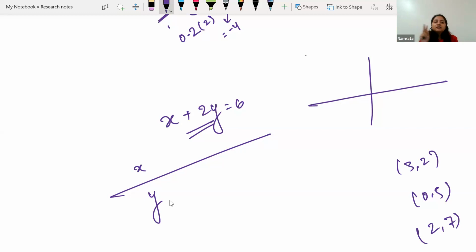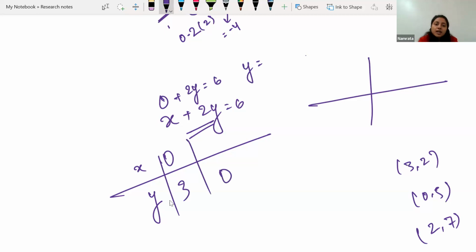If you find just these 2 points, you will definitely get the graph, but it will be less accurate than if someone does it with 3 or 4 points, but still you will get full marks. If you are in a hurry, running out of time in the exam, you can do it quickly. Take x as 0, y will be 6 by 2, that means 3.